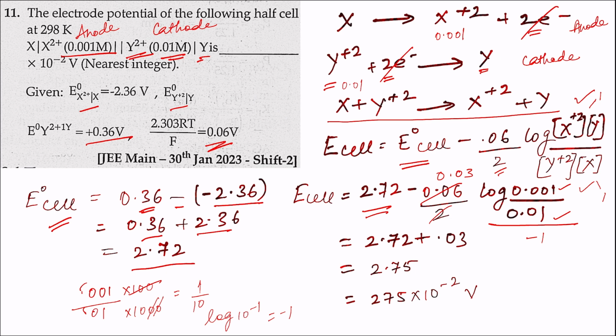Then again 2.72 minus minus 0.03, which will be equal to 2.72 plus 0.03, and this is equal to 2.75 volt, and this can also be written as 275 into 10 to the power minus 2 volt. So E cell will be equal to, in the fill in the blanks, 275 into 10 to the power minus 2 volt.